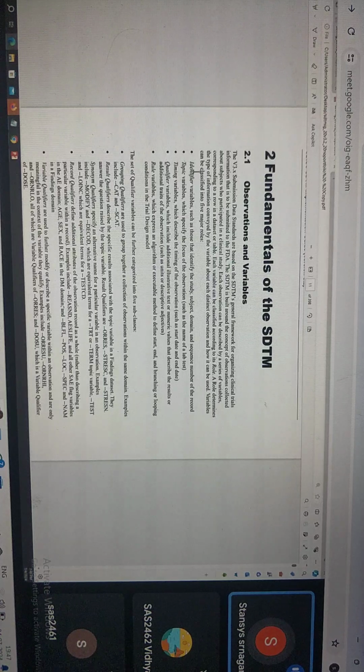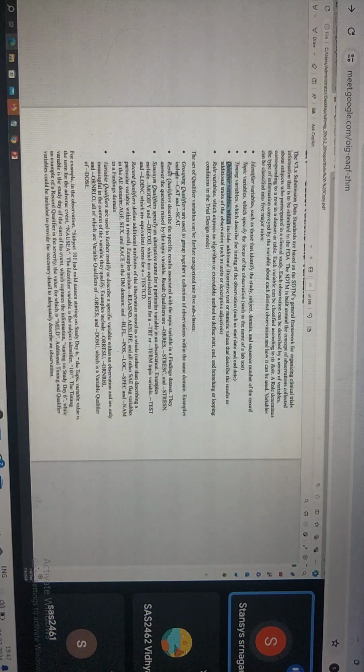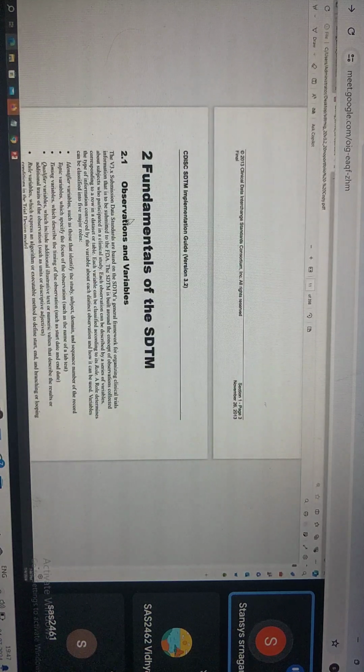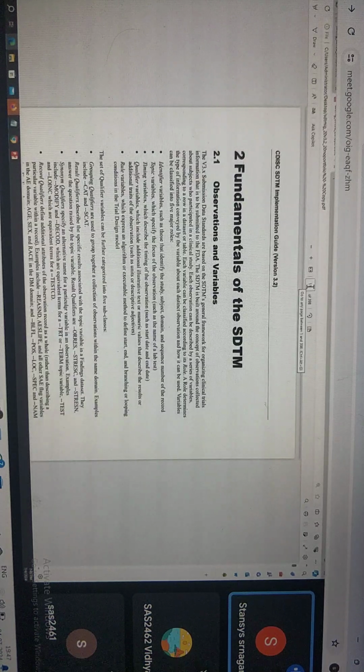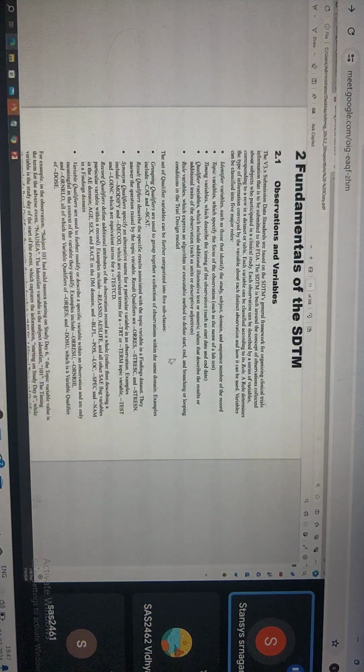These are the variable classifications: identifier variable, topic variable, timing variable, qualifier variables, rule variables. These qualifiers are again reclassified into five more types: grouping qualifiers, result qualifiers, synonym qualifiers, record qualifiers, variable qualifiers, with the examples we have discussed now. This is under page number 11. So you go through these for sure.